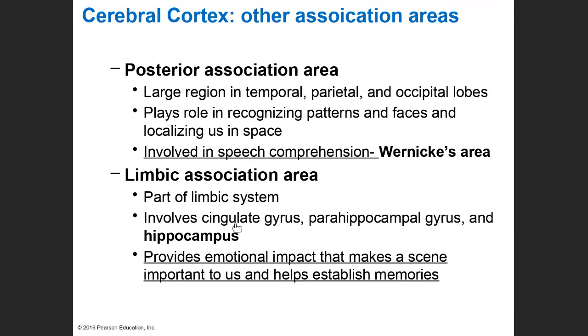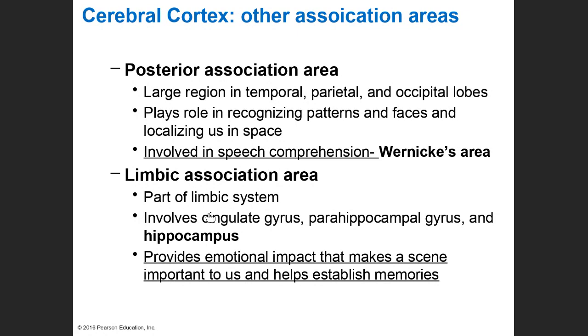But I want you to know that the limbic system is composed of a few more really important brain regions, and we'll talk about them later. For now, hippocampus is really a big deal. Hippocampus is associated with learning and memory. You should know that the function of the hippocampus is learning and memory.